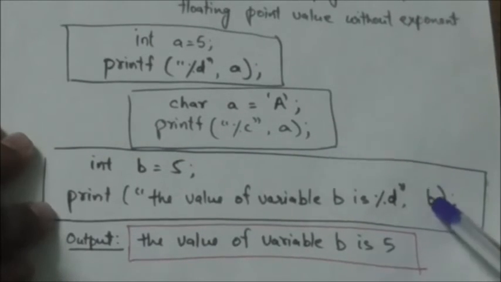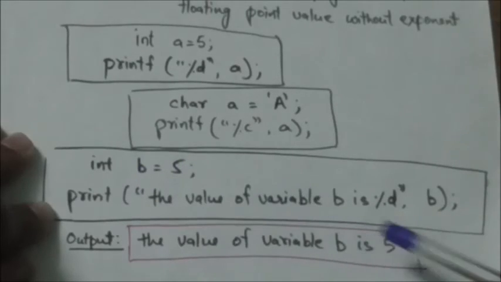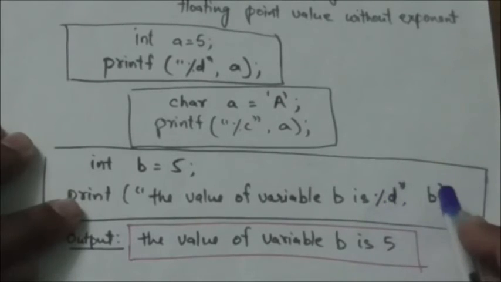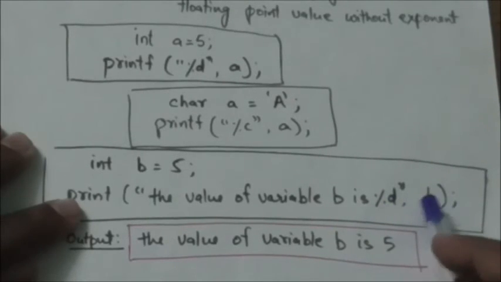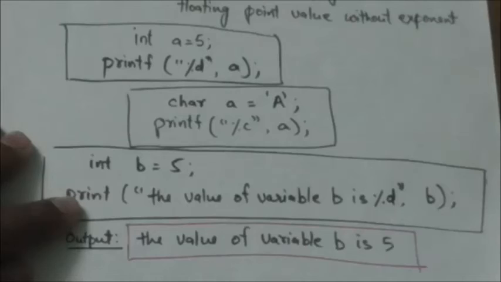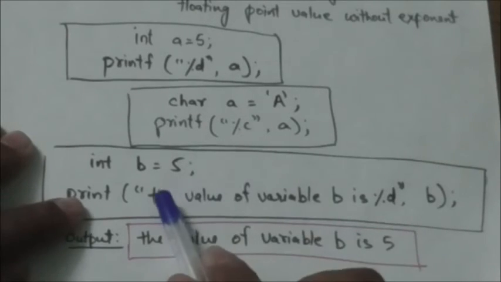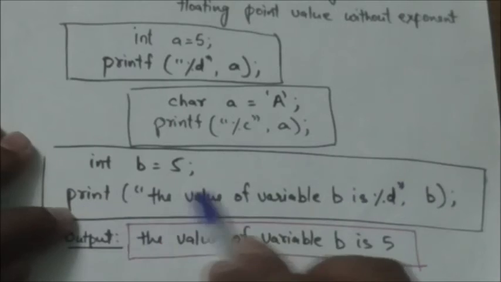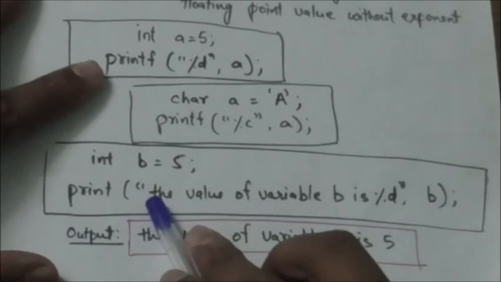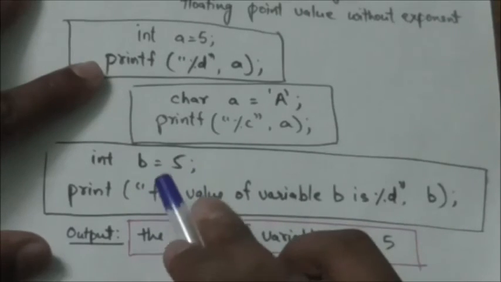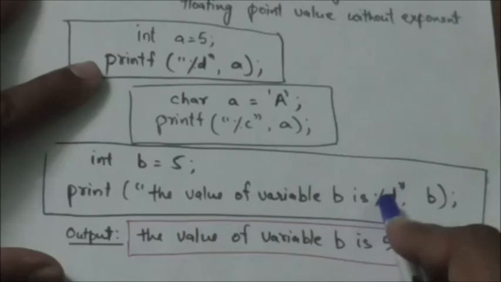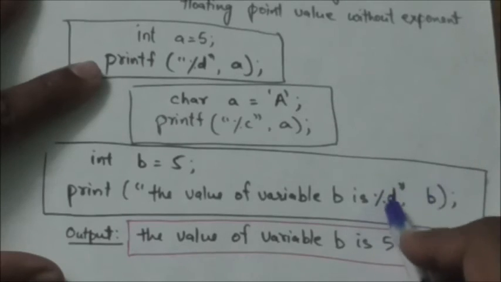Here you can see that variable b is an integer number. So the conversion character is d, which means the data item will be displayed as a signed decimal number. What will be the output when this statement is executed? What will be printed on the screen? All the characters in the control string will be printed as they are, except the character group, % followed by the conversion character, which corresponds to the argument.